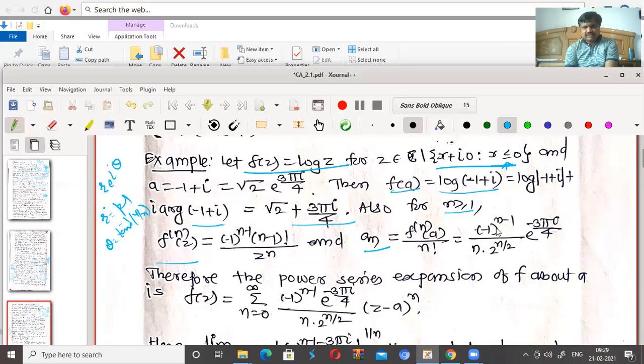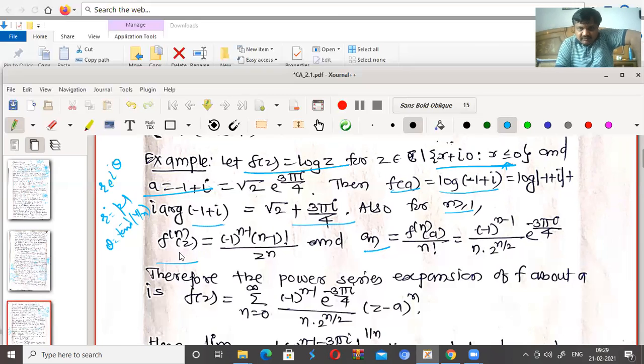Now we are finding its Taylor series expansion about z equal to a, where a is this complex number.